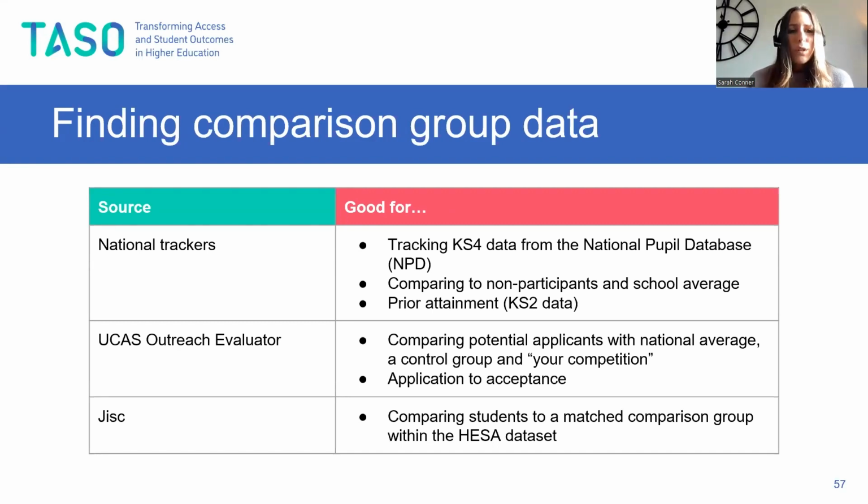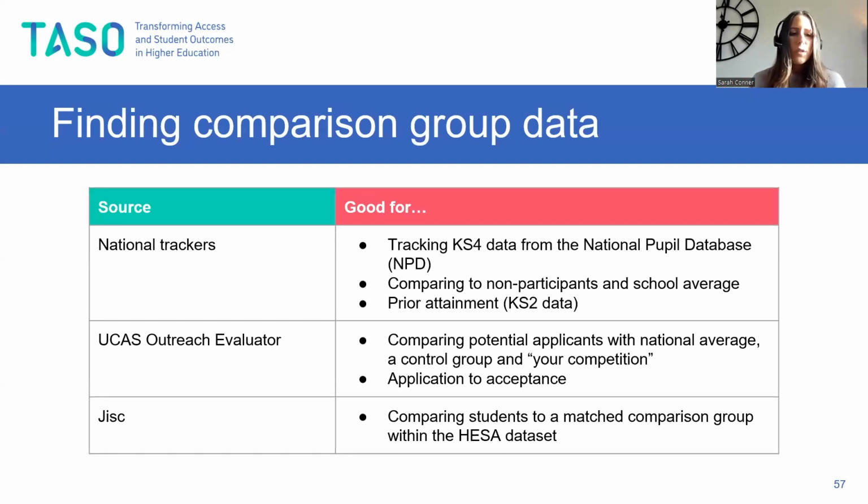That's the main one to use for attainment, but also just to flag, if you're looking not only at attainment but enrolment into higher education or tracking them into HE, then UCAS can provide a comparison group as well. So comparing your potential applicants with a national average, a constructed control group, and also your competition, so any institutions, universities in the same area as you, and they can look at application to acceptance rates.